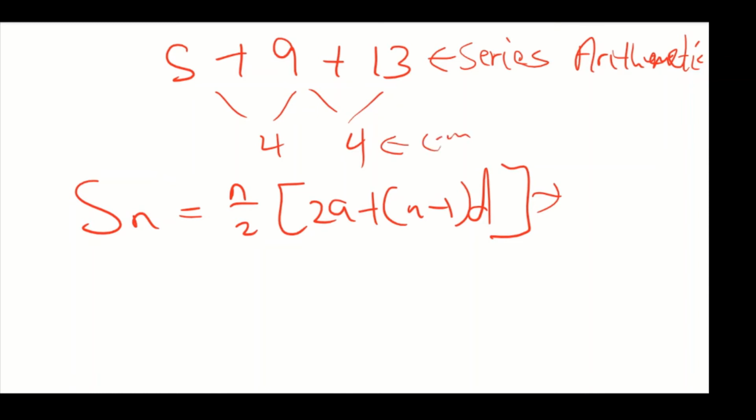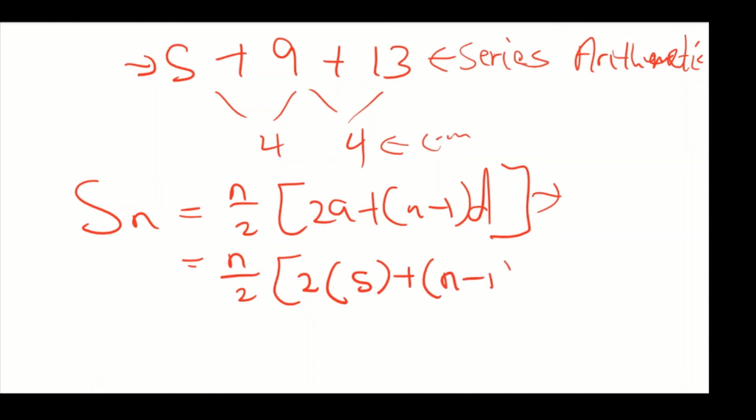And so what you're going to do is substitute into our sum here. So it's going to be n over 2 into 2, and instead of writing a, we're going to write this 5 here. So it's going to be 5 plus (n minus 1), and our d is going to be 4. Before we multiply everything, let's solve everything inside here.